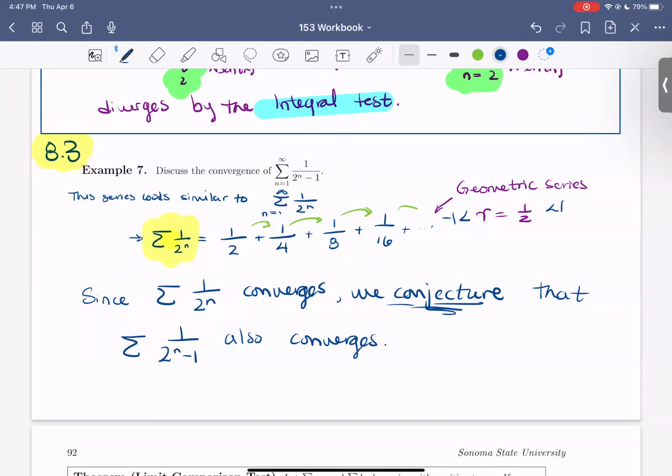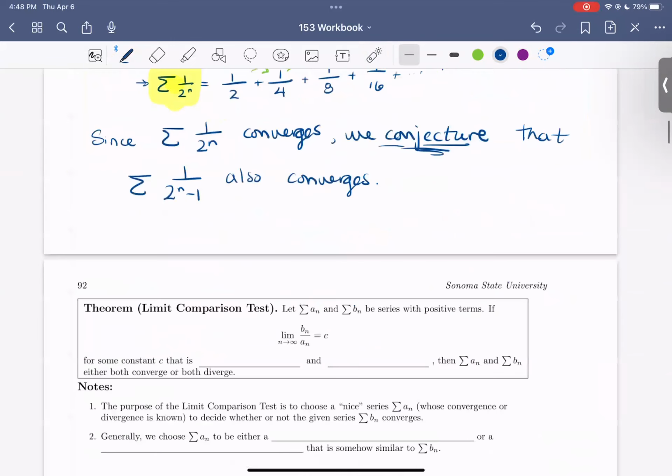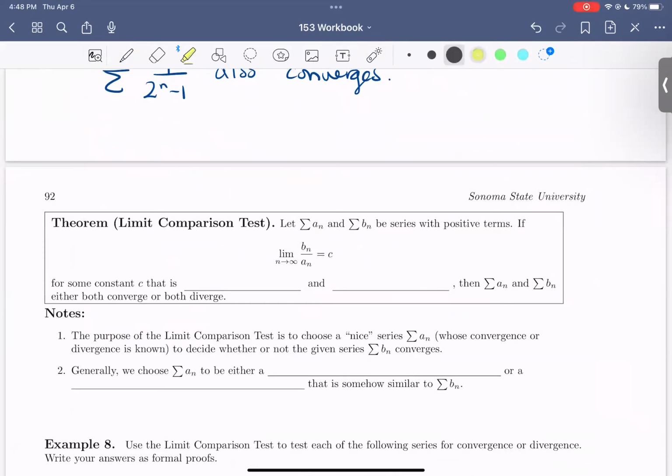Okay, so it turns out we can make comparisons between series to determine divergence or convergence. And we're going to make that formal in this next theorem. So this theorem is called the limit comparison test. Here, we're going to let a_n and b_n be two series with positive terms.